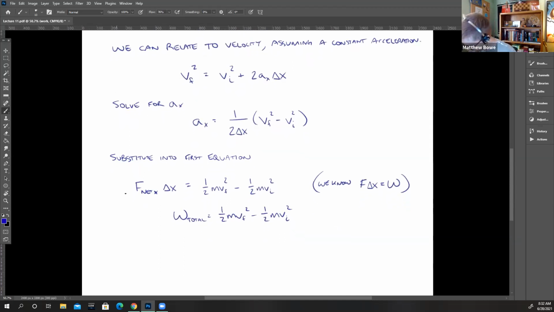Okay, let me put a little star next to this. This is where we say, what if we have something that's at a constant speed? Well, the work will be 0, but why is this term popping up twice? It's where we can define kinetic energy as this term.